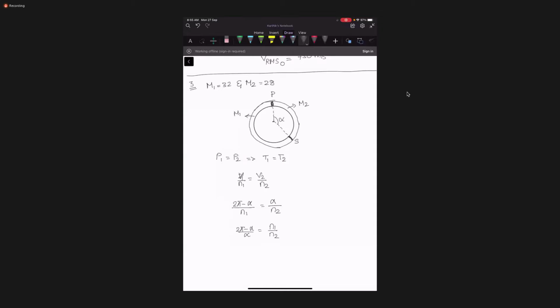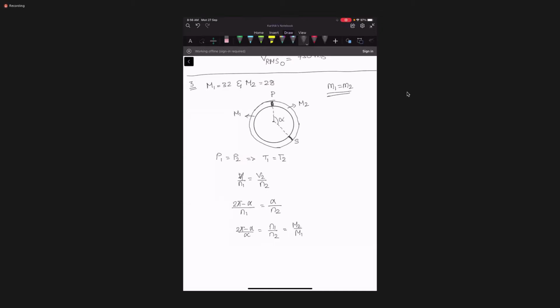They say equal masses, right? So number of moles is mass by molecular weight. So mass 1 divided by molecular weight 1 divided by mass 2 divided by molecular weight 2.